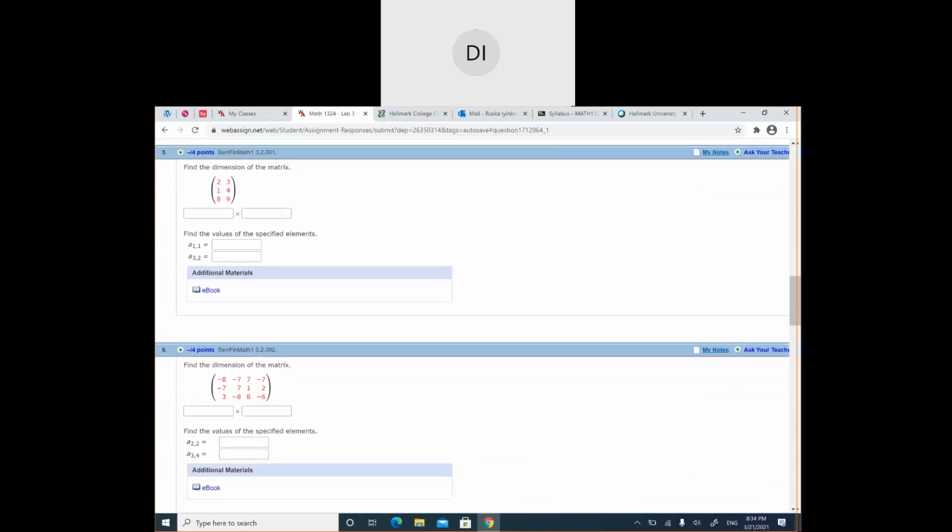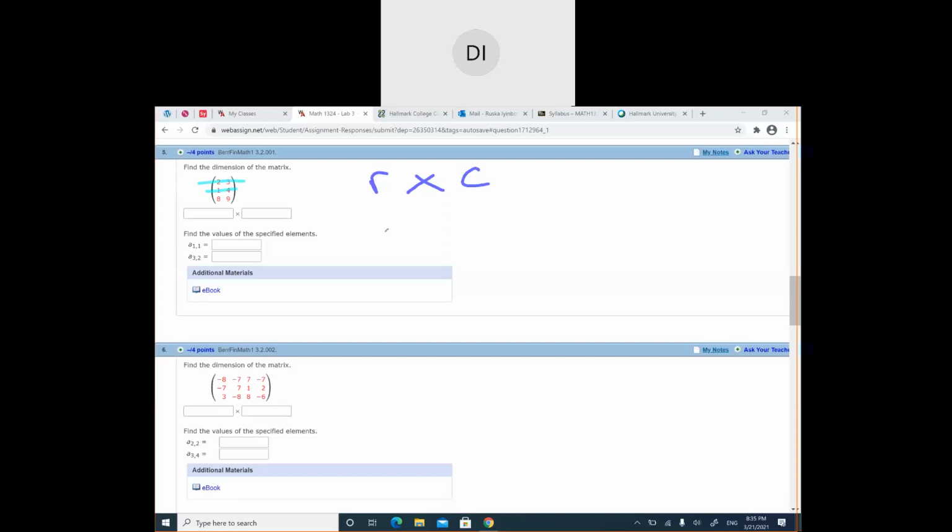A matrix is like a table. Look at it as a table of numbers. Looking at this matrix, what is the dimension of the matrix? The dimension is always represented as row by column. How many rows are in this little table? This is 1 row, 2 rows, 3 rows.